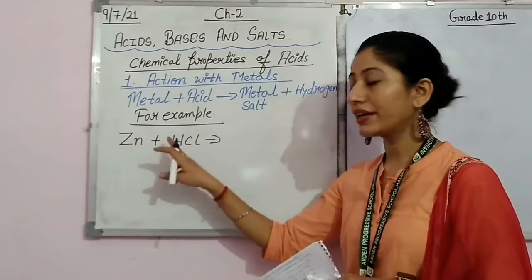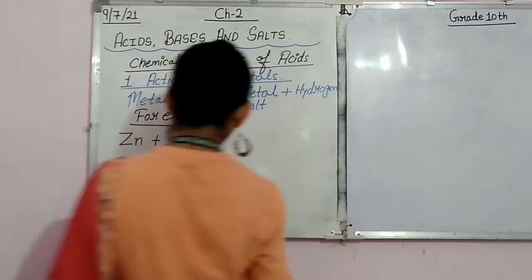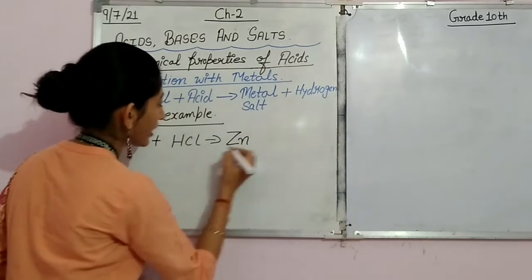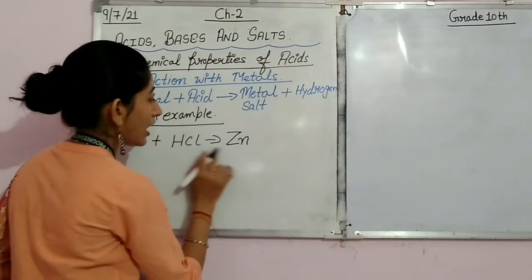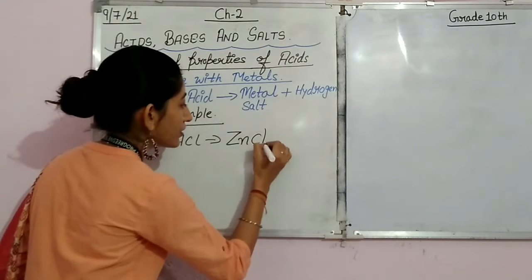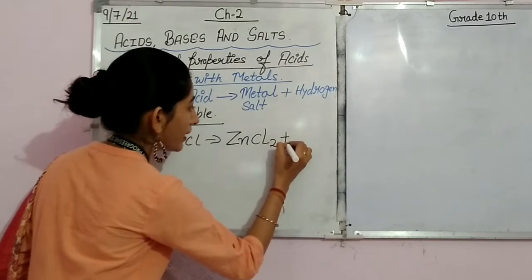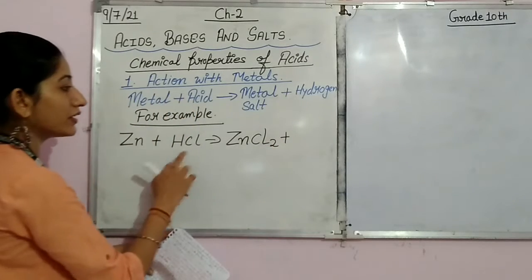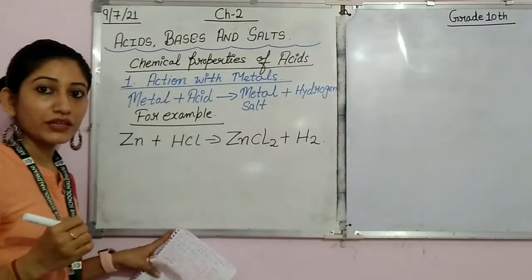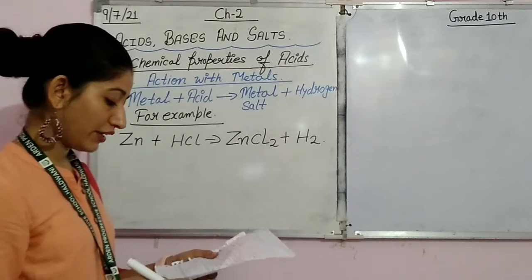So when zinc reacts with acid, it forms a product called metal salt. What is the metal? Zinc. What is the salt? How will this metal salt form? Zn plus Cl will change into ZnCl2 plus, and what is evolved from the reaction? Hydrogen gas will be evolved.